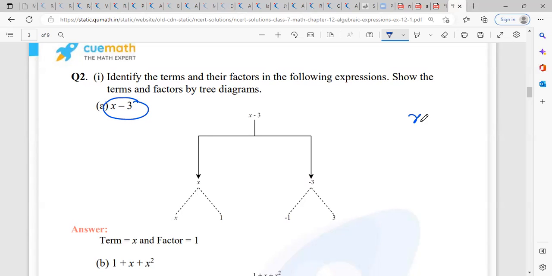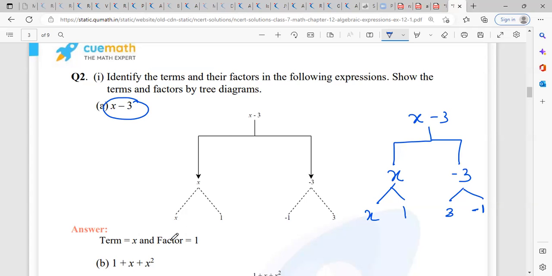One is your x and one is your minus 3. How will you form x? It is x multiplied by 1. And how will you form 3? 3 multiplied by minus 1. And this is your tree diagram. So first do this and after that try to do the second one.